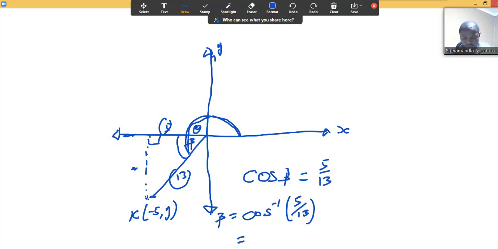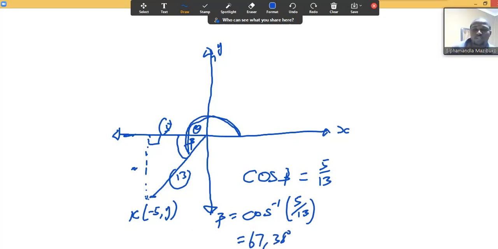Okay, so we got our answer to be 67.38 degrees. So that is our beta.